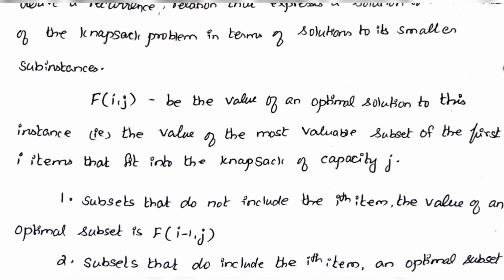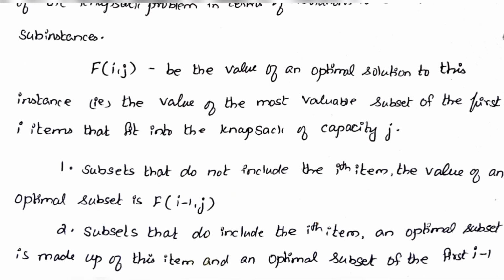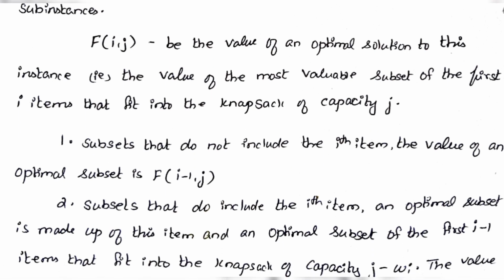subinstances. Let F of i, j be the value of an optimal solution to this instance, that is, the value of the most valuable subset of the first i items that fit into the knapsack of capacity j. For subsets that do not include the ith item, the value of an optimal subset is F of i minus 1, j.